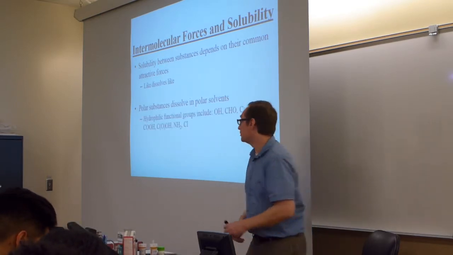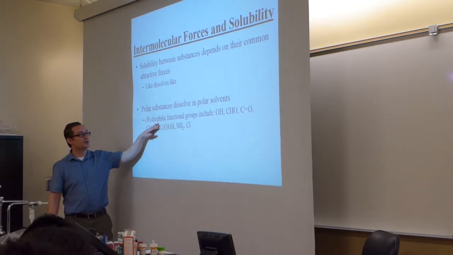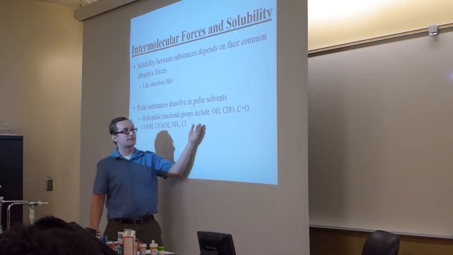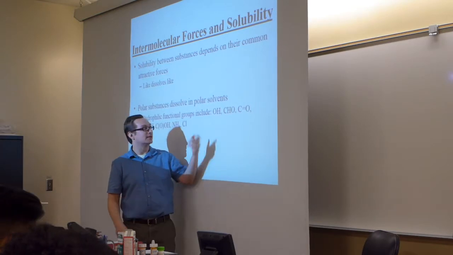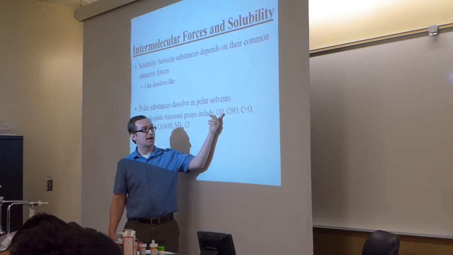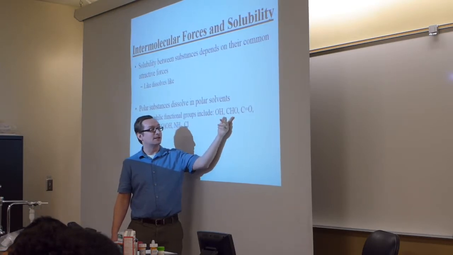What we usually look for is either hydrophobic or hydrophilic functional groups. Functional groups are essentially groups of atoms that allow a molecule to be polar or not polar. Polar functional groups would include hydroxyl groups, OH groups, for hydrogen bonding.